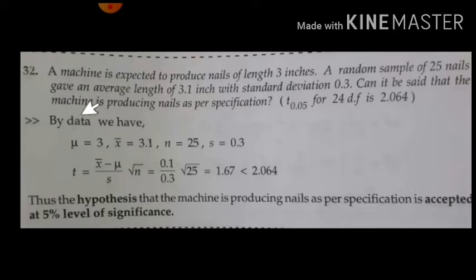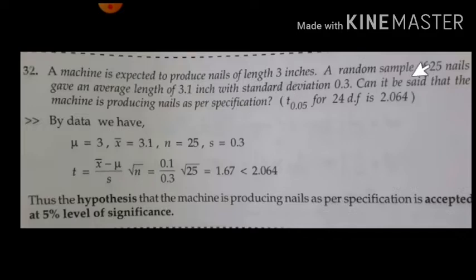Most of the time you take the assumption as per what they asked you to test. So here they asked you to test that the machine is producing nails as per specification. So I am taking that itself as the hypothesis.